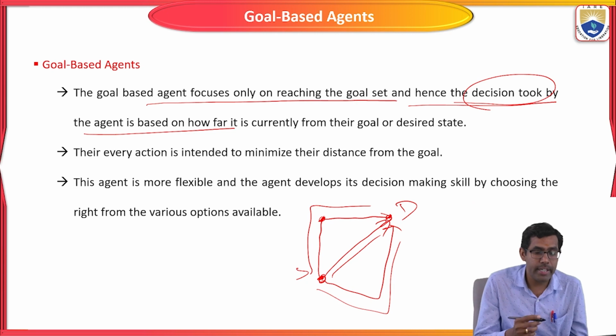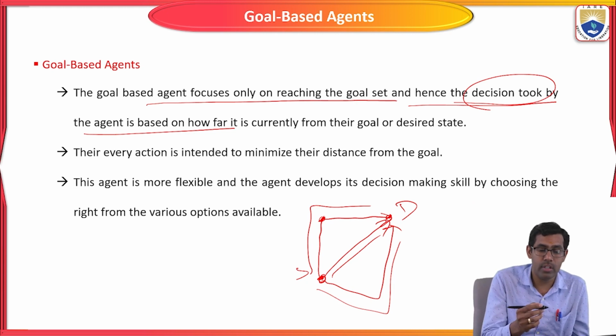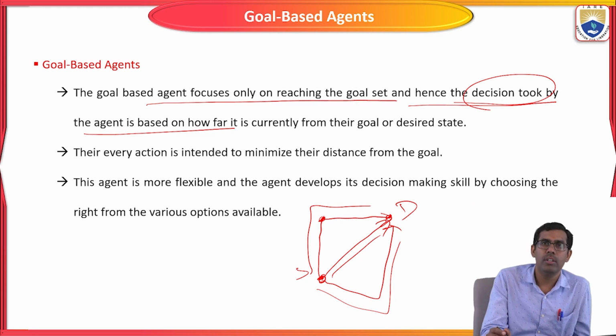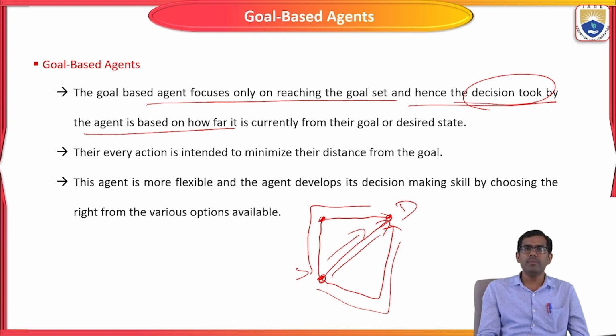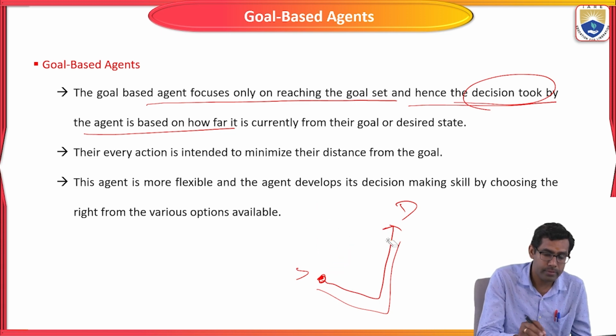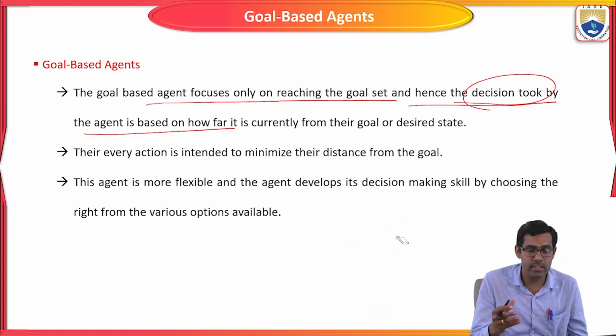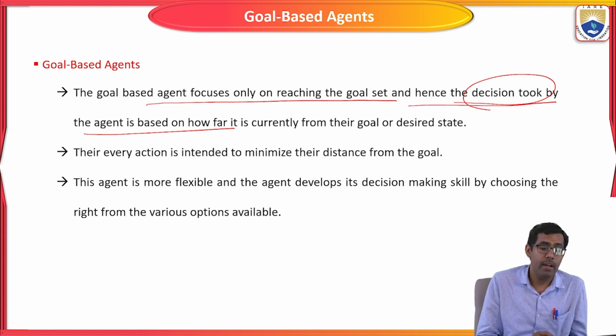So based on this, it is going to set one goal. Then we decide to travel in this way, and at the particular desired time we will reach. Like this, they are going to set one goal to reach the desired state, right?